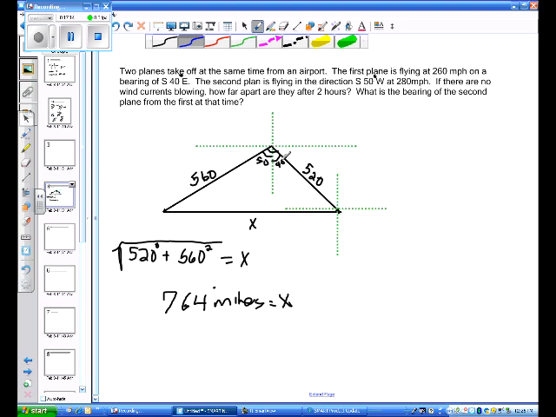Drew that the wrong way. From south to the line is the same as from the line to north. So we know that much is 40 degrees. And we actually know then we could have done this from east to the line is our line to here, we know is 50 degrees.